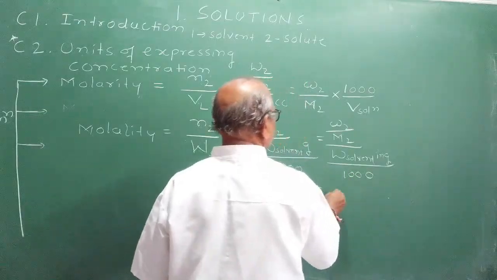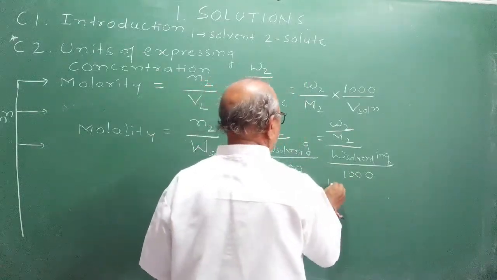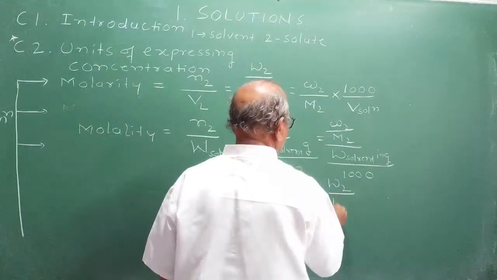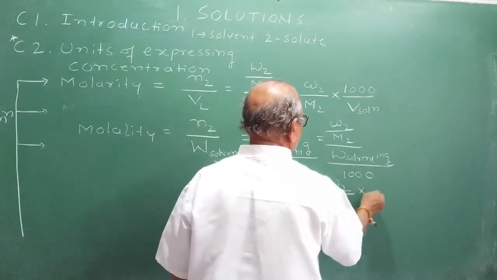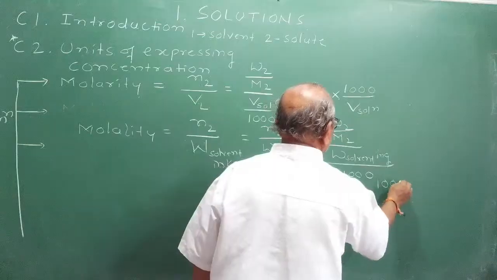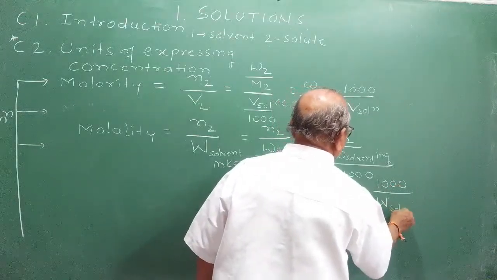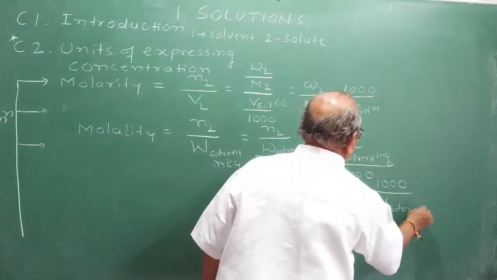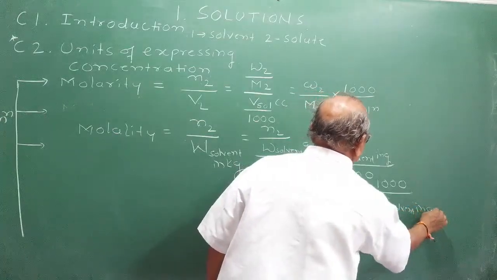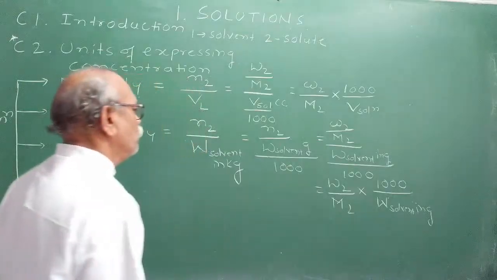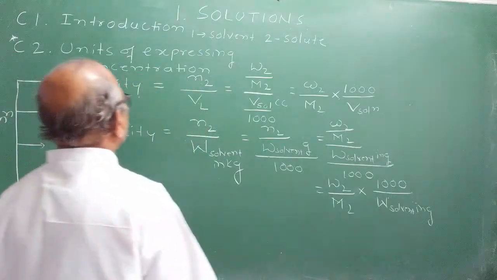Generally, they will give you in grams. Therefore, the final formula becomes W2 upon M2 into 1000 upon mass of solvent in grams. What is the unit of molarity?